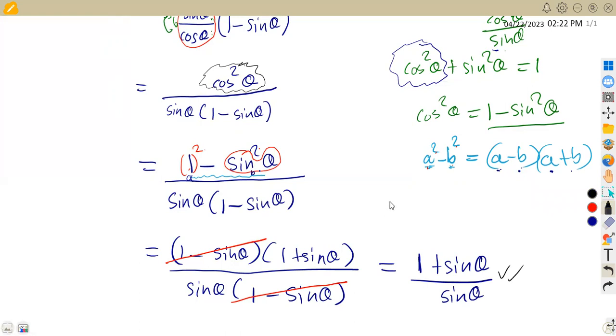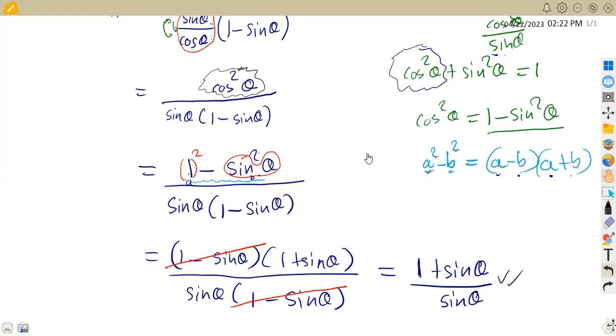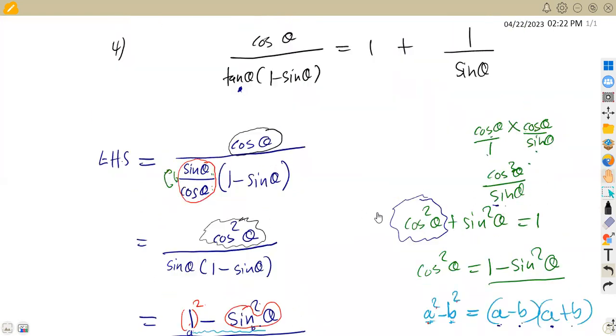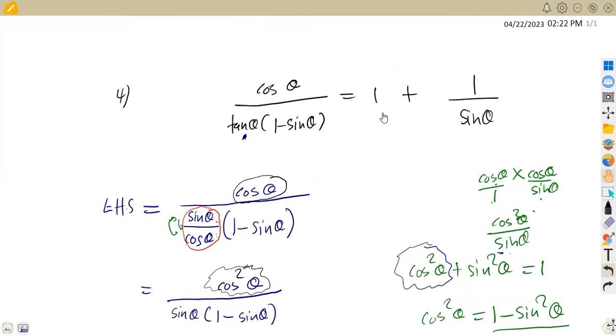But because this is a proof, where we are supposed to read the mind of the examiner to say, wow, what was the mind of the examiner on this question? The answer that we are given is not exactly the answer that we have. Let's check our answer. Our answer is given as 1 plus 1 over sine theta. What happened in this case?